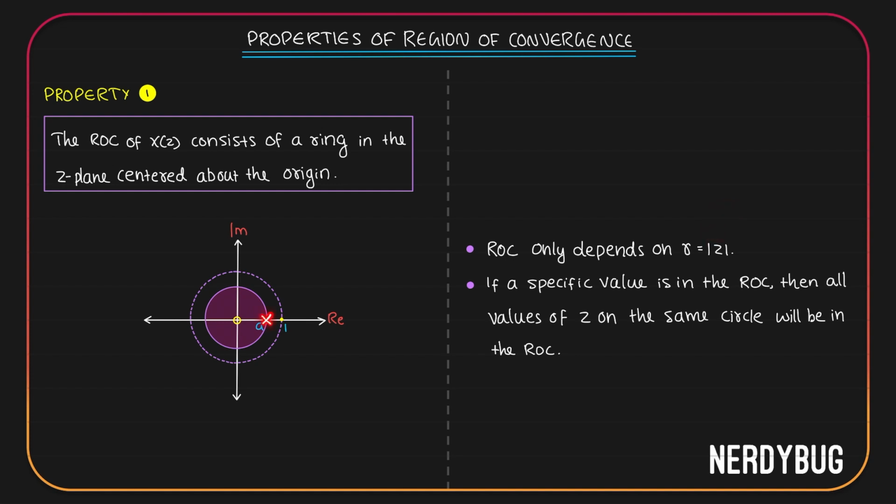So if r equal to a is included, that means this whole circle is included because all the points on the circle will have magnitude of z equal to r. Or we can say if a specific value is in the ROC, then all values of z on the same circle will also be in the ROC, because at all those points, the magnitude of z will be equal.